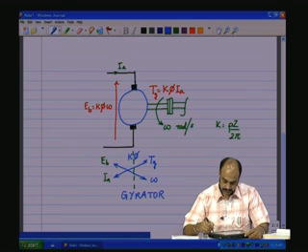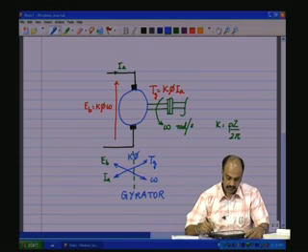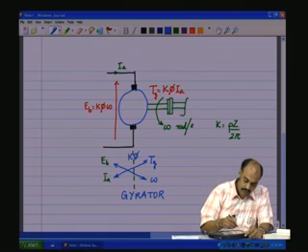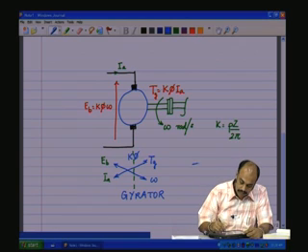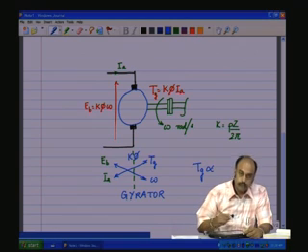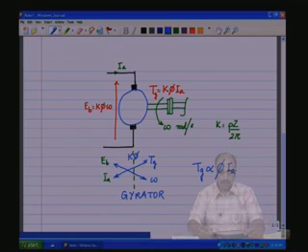Now, looking at these equations here, the generated torque is proportional to two quantities, phi and IA: the armature current, and phi the flux, the excitation in the machine.